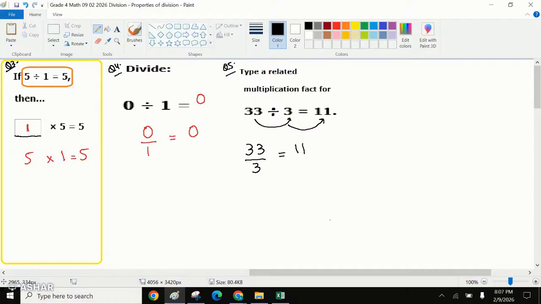Or what else can be the statement? When these two numbers are being multiplied, we will have this as the answer. That means 3 multiplied by 11 or 11 multiplied by 3 should give us the same answer, because they are asking us for the multiplication fact over here, right?